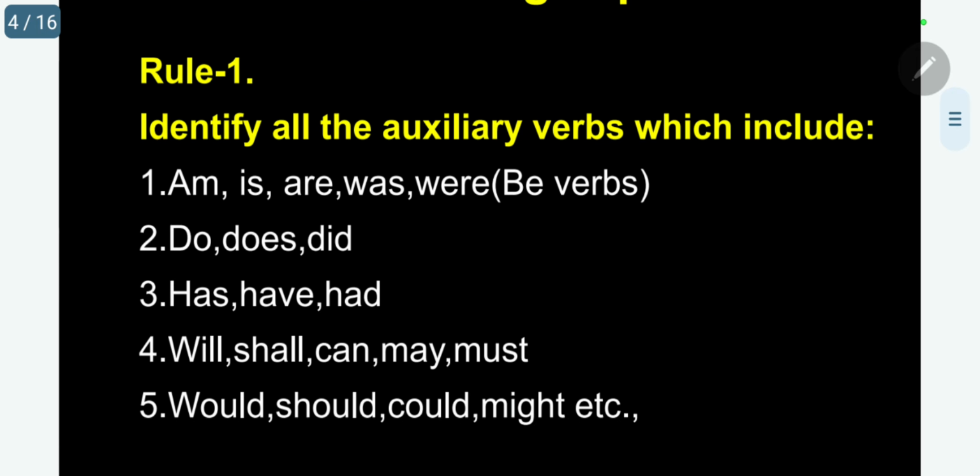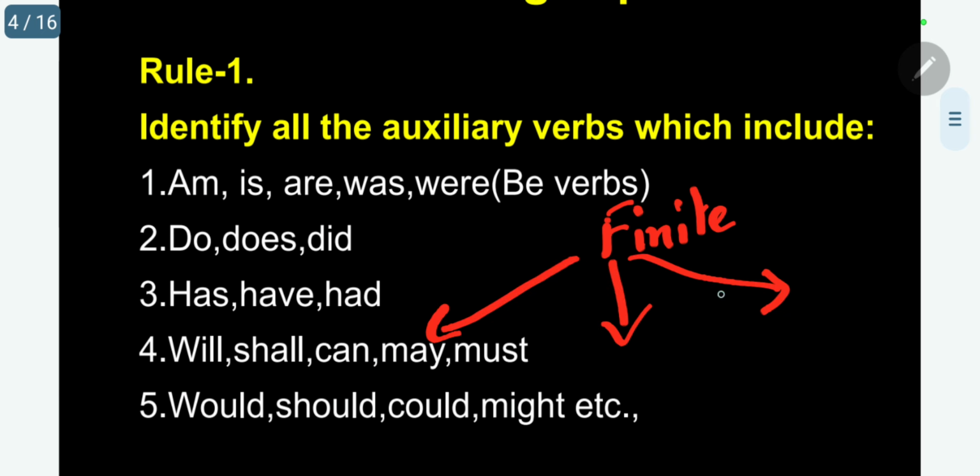Under the rules, kindly follow these finite verbs, because to understand the auxiliary verb here, under rule 1, you must know the following information. The finite verbs, I can classify into 4 types.